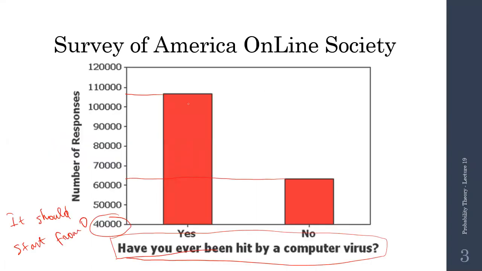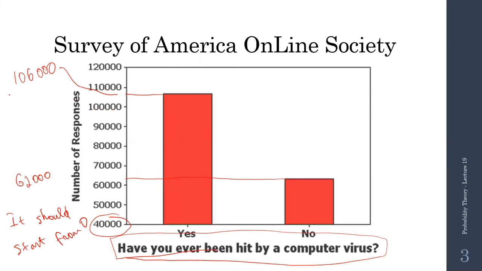As you can see here, because it says 100,000 and 110,000, this one is something like 106,000, and this one is like 62,000. But how about if we start from 0?